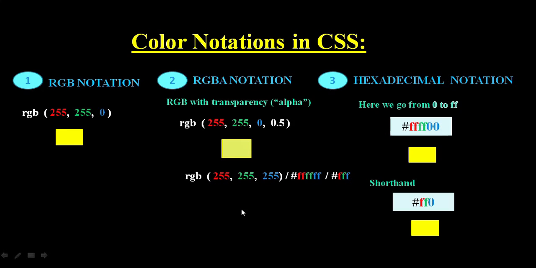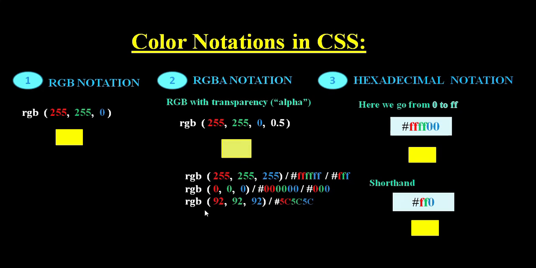Let me take another example: 0, 0, 0, where the intensity values of the three parameters are equal. In this case also we generate a gray color of a different intensity. We can also represent this in hexadecimal notation like this, and in shorthand notation like this.